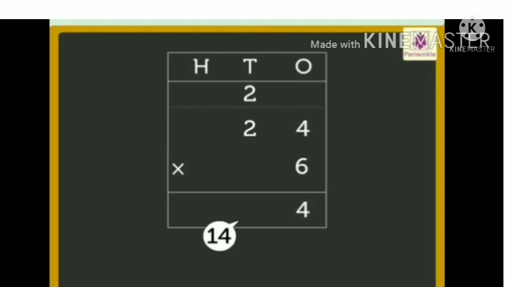Now, regroup 14 tens as 100 plus 4 tens. Write 4 in the tens column. And at last, write 1 in the hundreds column. So, here we got the answer as 144.